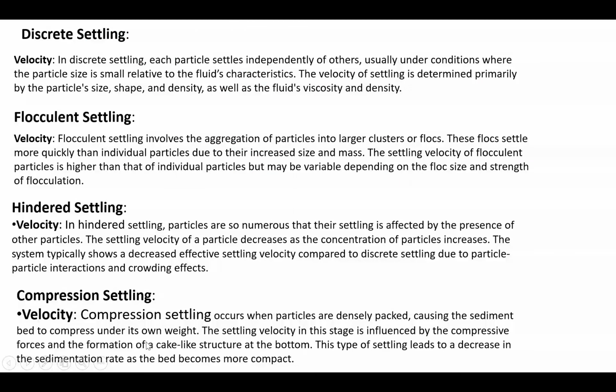In compression settling, compression settling occurs when particles are densely packed, causing the sediment bed to compress under its own weight. The settling velocity at this stage is influenced by the compressive forces and the formation of a cake-like structure at the bottom. This type of settling leads to a decrease in the sedimentation rate as the bed becomes more compact.